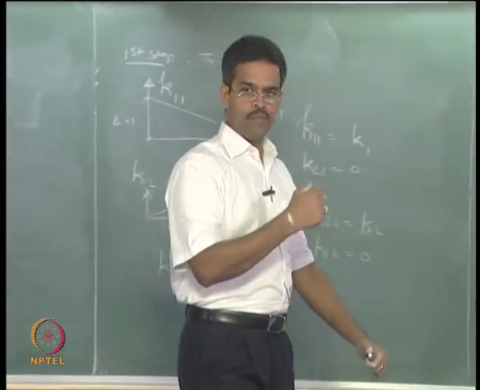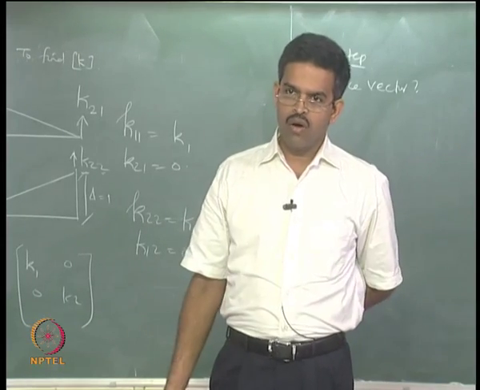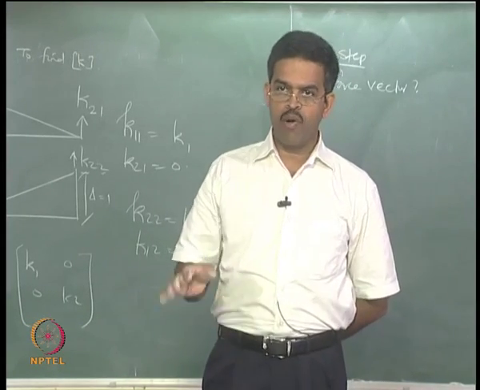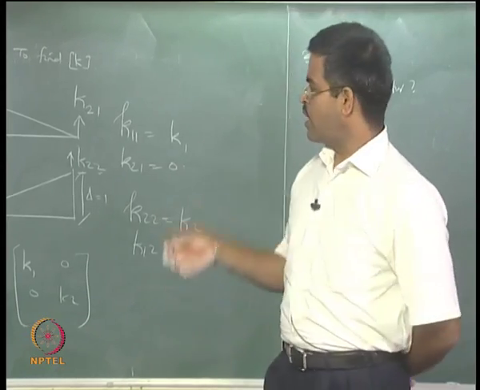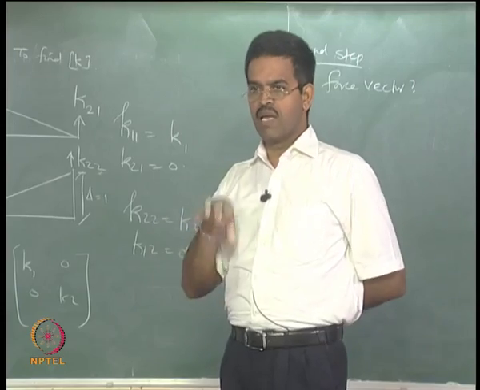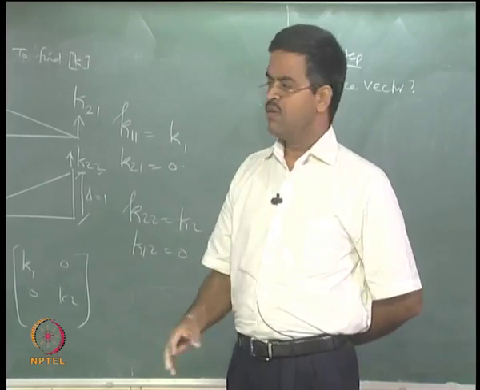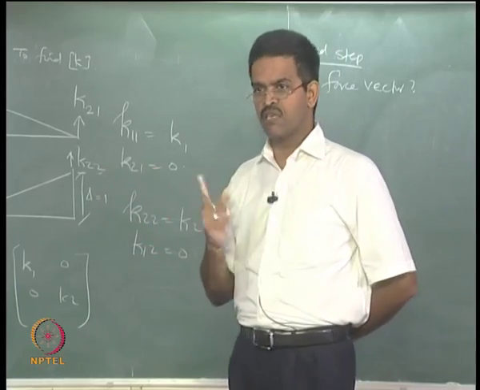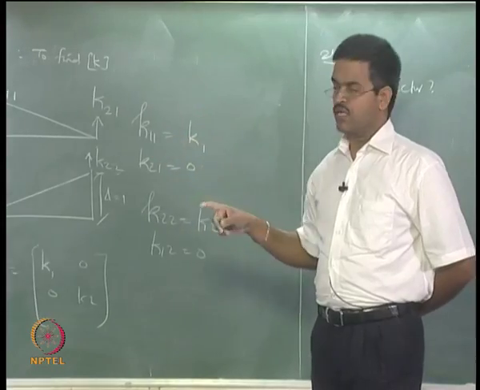In the previous examples we always assumed that either the forces were 0 or the forces were applied at the point where the masses are concentrated, and fortunately the points where the masses were lumped, we also had the degrees of freedom measured. So we had no confusion at all in the previous examples, but here we have a second confusion: the forces are not applied at the point where displacements are measured.